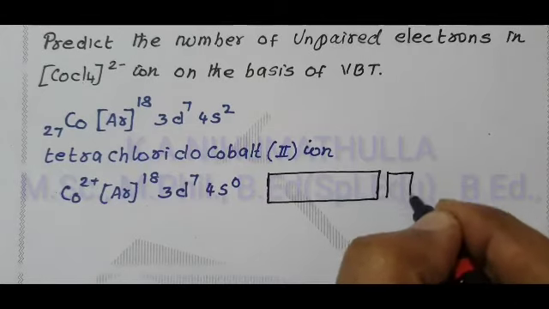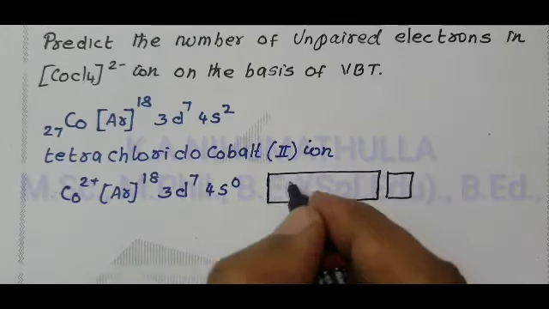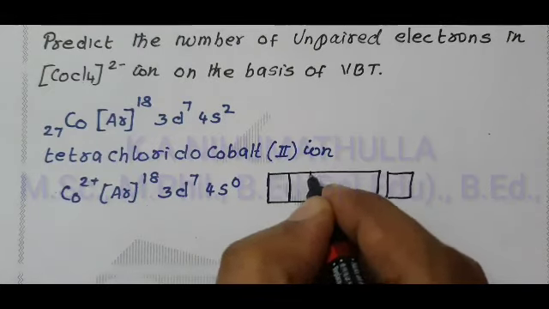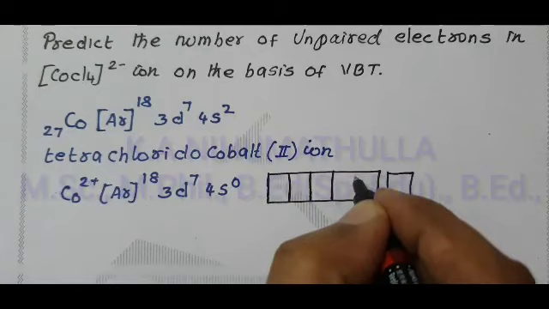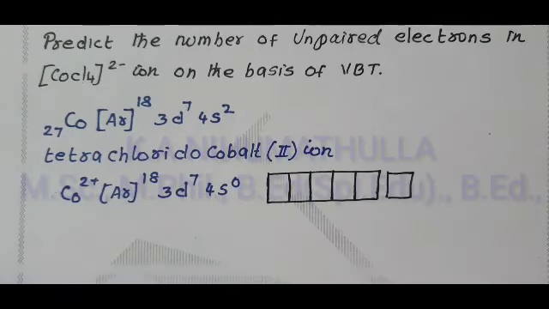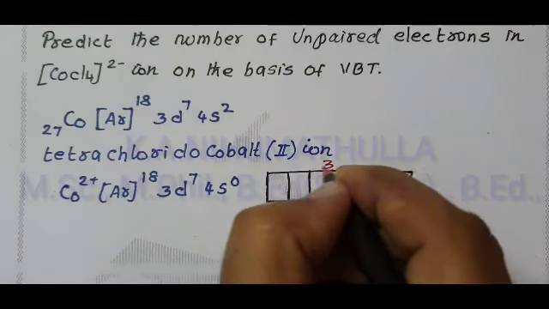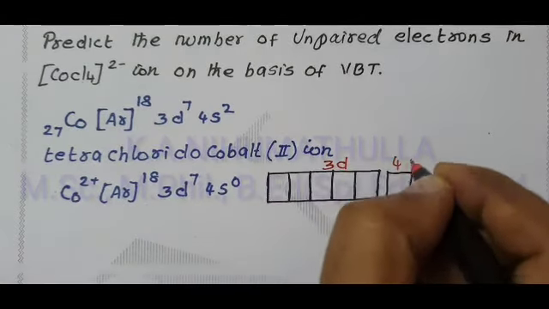The d orbital has 5 orientations: xy, yz, zx, x squared minus y squared, z squared. This is the 3d orbital, then the 4s orbital.